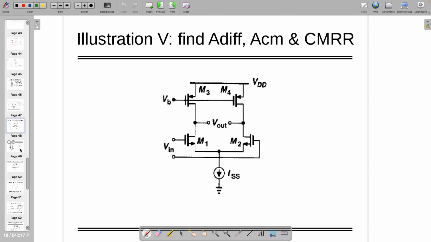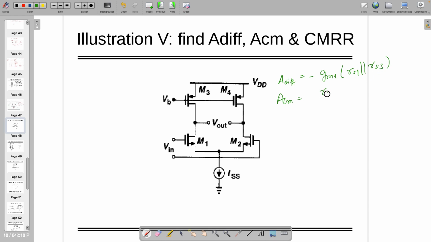Okay. So let's go this way. In this one, what is the differential gain? Pragya, what is the differential gain? Minus GM1 into R0 parallel with R1. What is the common mode gain? Common, yeah.